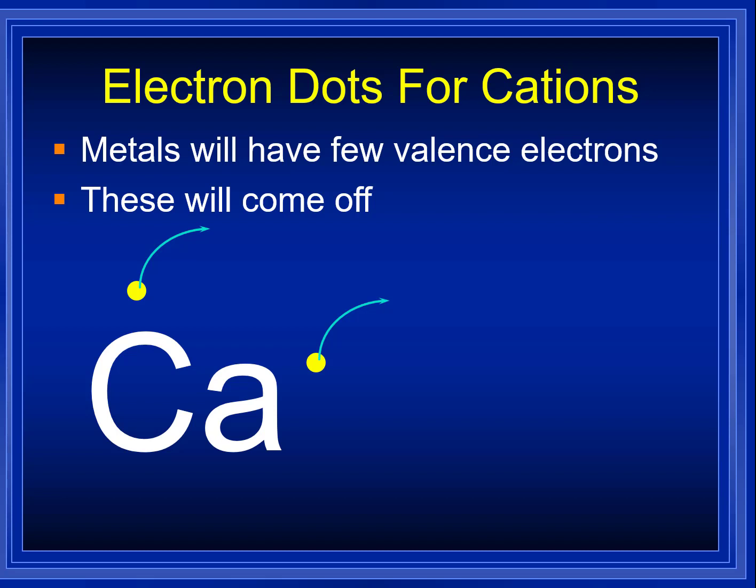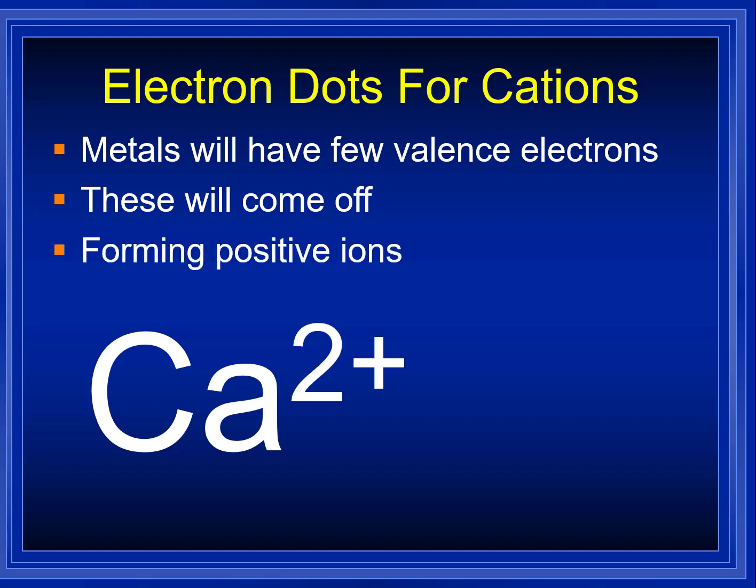Those valence electrons come off. And when they come off, see how this is showing that we emptied the energy level for calcium. This is about that test question. This shows that you're emptying that energy level. Okay? And what do you get when you take off electrons?